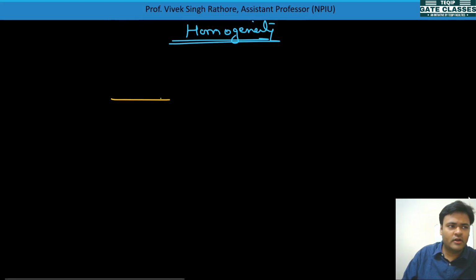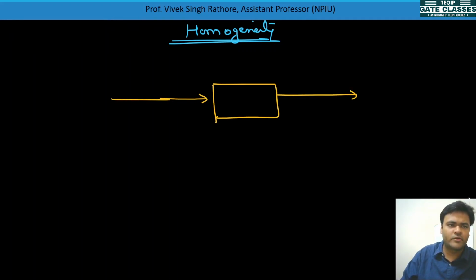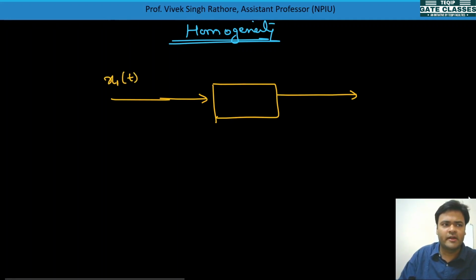Okay, now let's see the second, the superposition principle. If you have applied a signal to a system and there is an output, let's suppose x1(t) is your input and you have got some output y1(t).